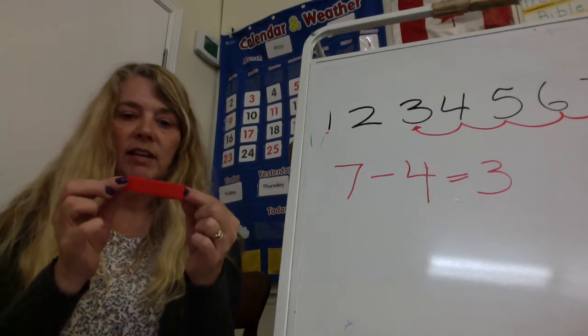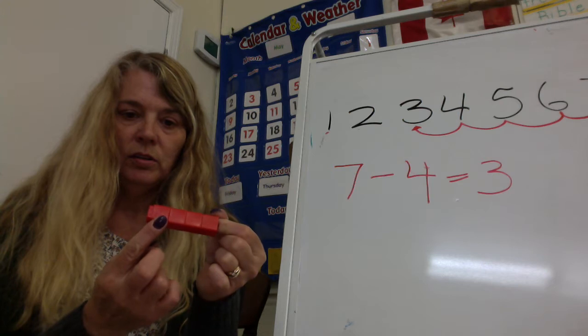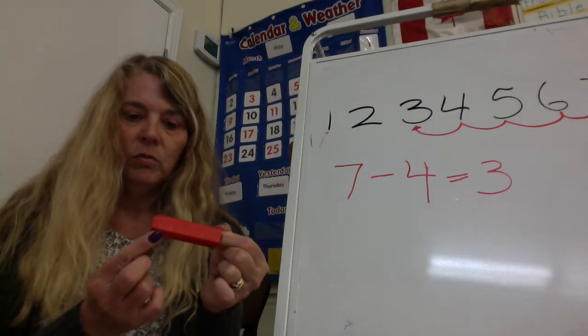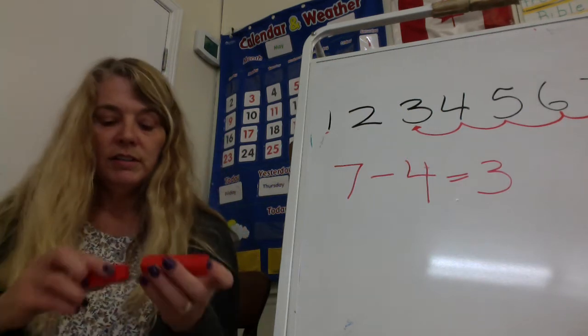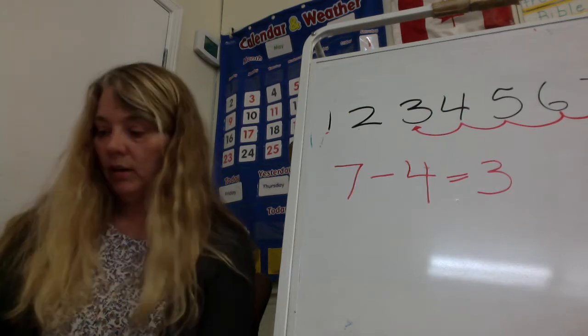And how many do I have left? 1, 2, 3, 4. So 7 take away 3 does equal 4.